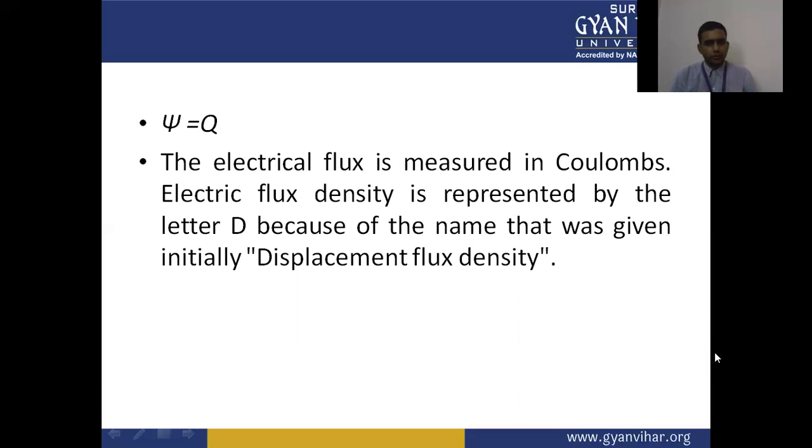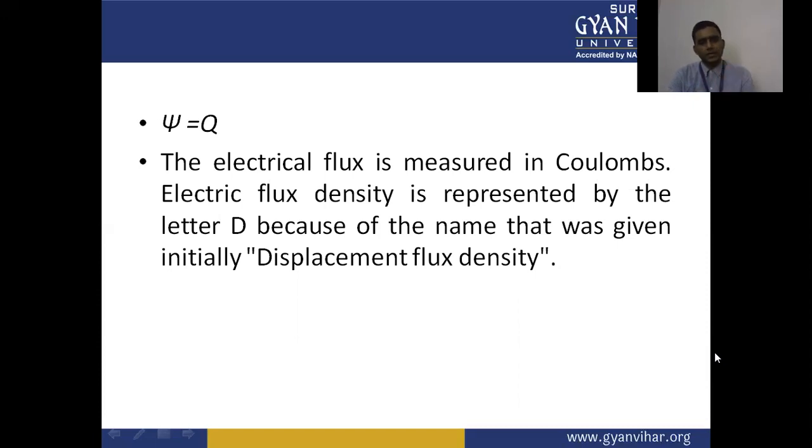The electric flux density is represented by the letter D because of the nature that was given initially, displacement flux density. Displacement flux density, because charge is displaced in the sphere.